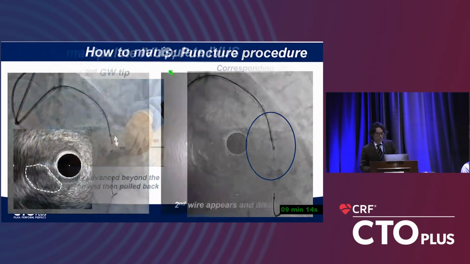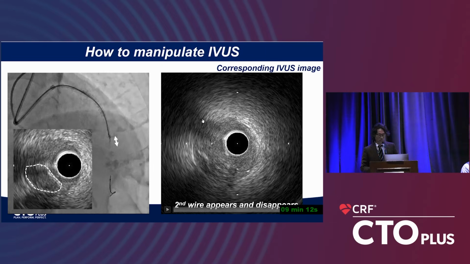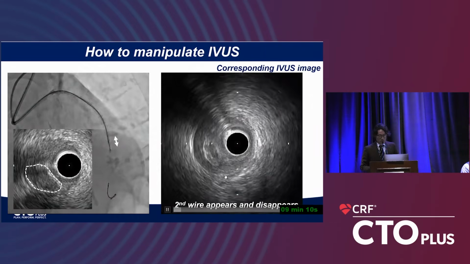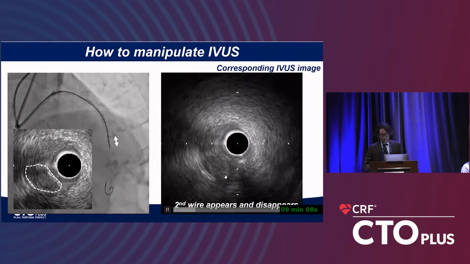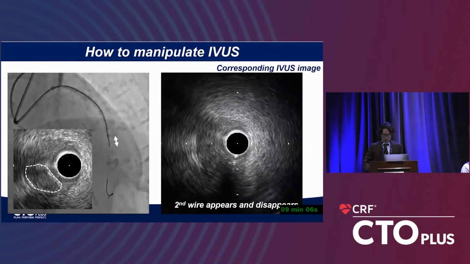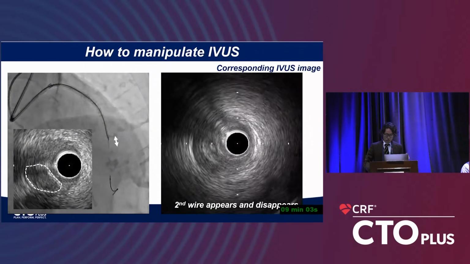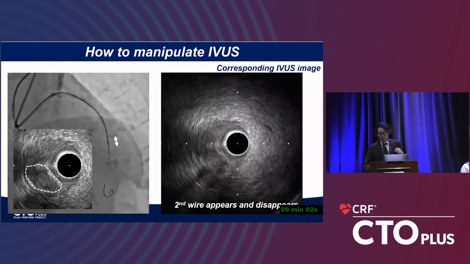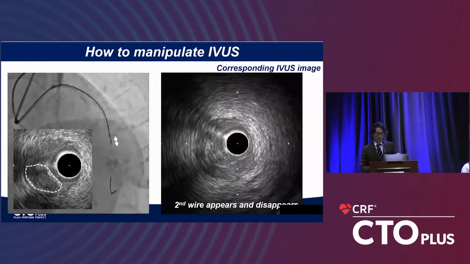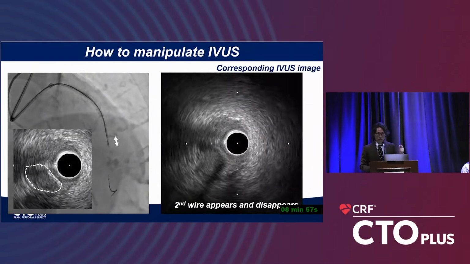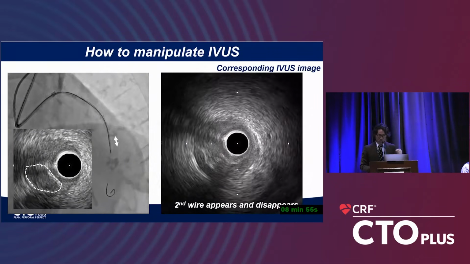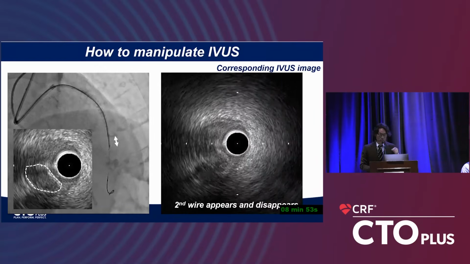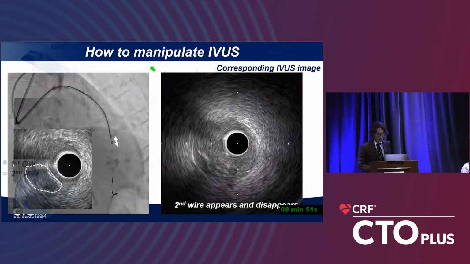Now I will show the corresponding IVUS image: forward, back, forward, back, forward. You can see the second guide wire appears and disappears. Disappearing means that is the tip of the guide wire. I will show the still image.